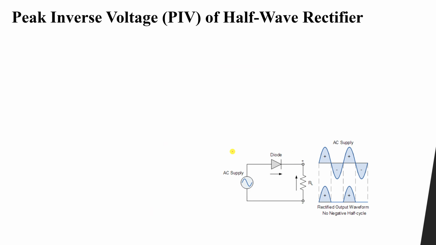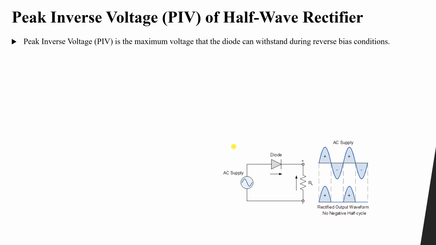Another factor which is important when selecting the diode is the peak inverse voltage. This is the maximum voltage that the diode can withstand during the reverse bias conditions. If you look at this diode here, when does it work in the blocking mode? It works in the blocking mode during the negative cycle, right?